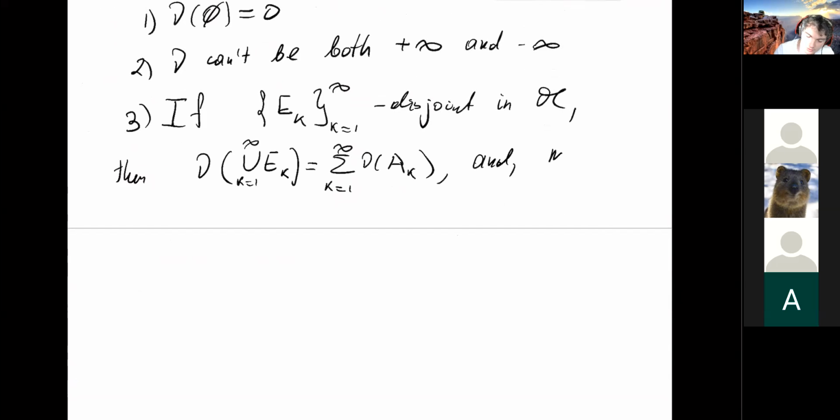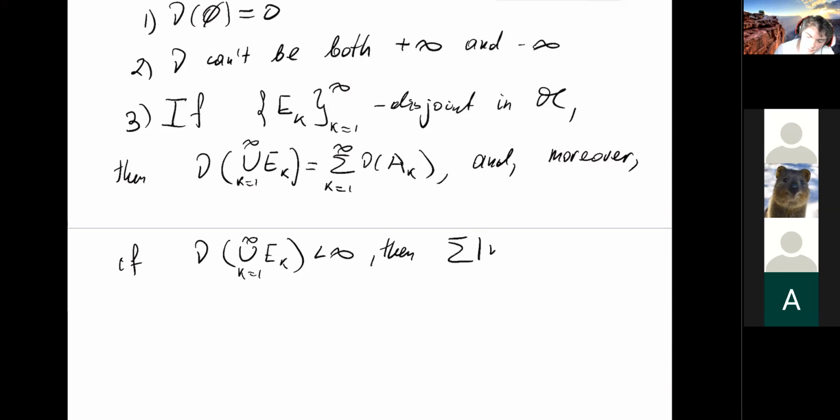And moreover, if nu of the union is finite, then the series converges absolutely.